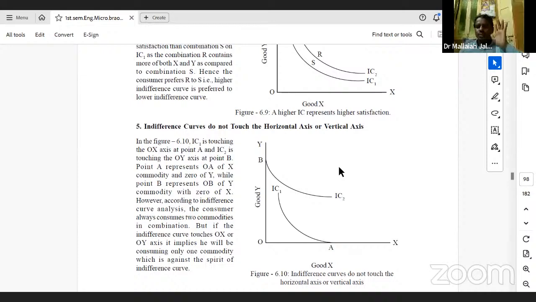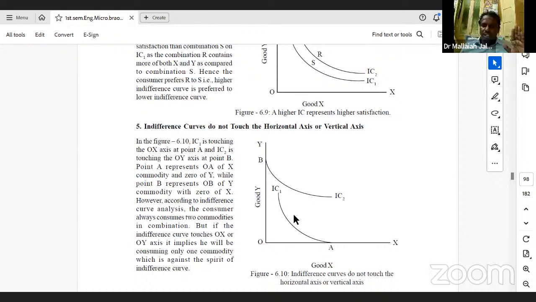Why can it not be so? Just remember, if it is touching the Y axis, like at point B, if IC2 is touching only the Y axis and IC1 is touching only the X axis, right?